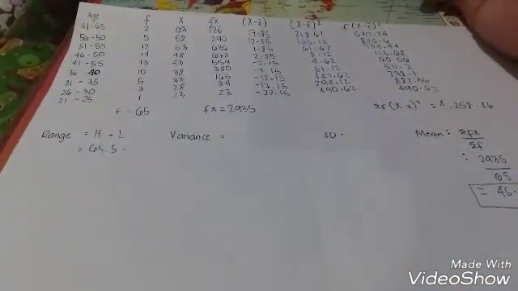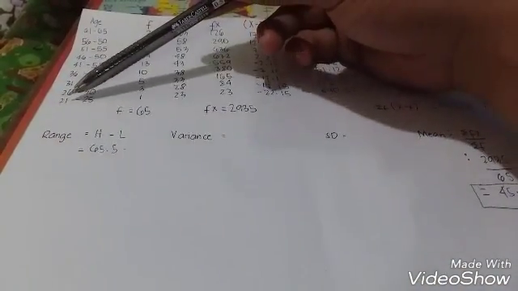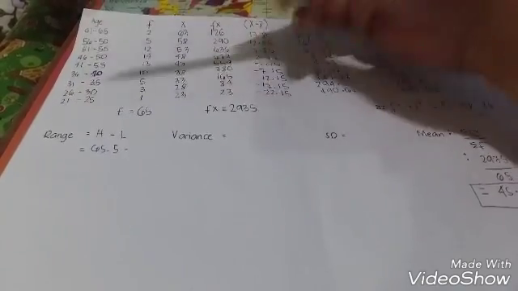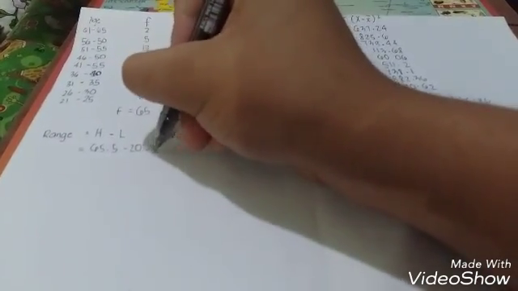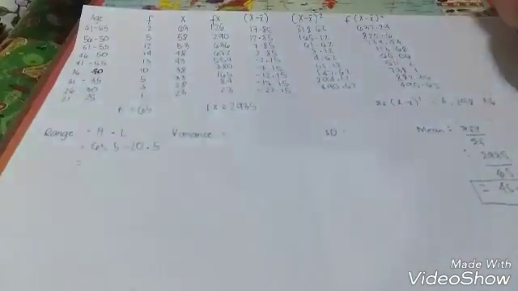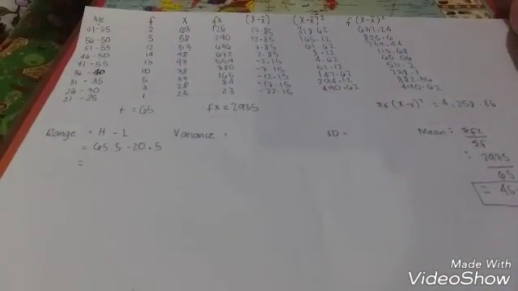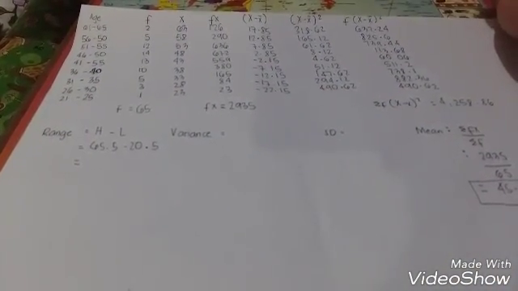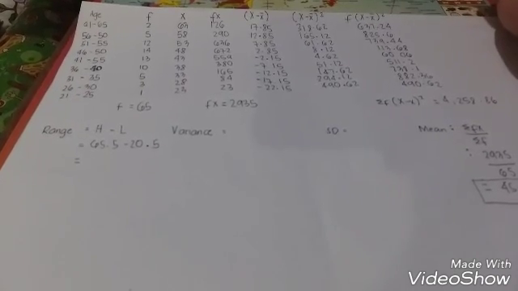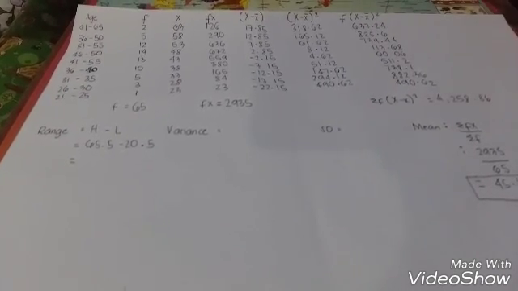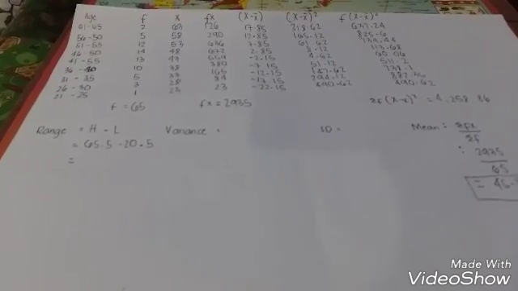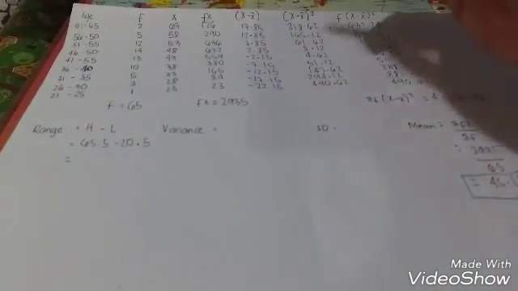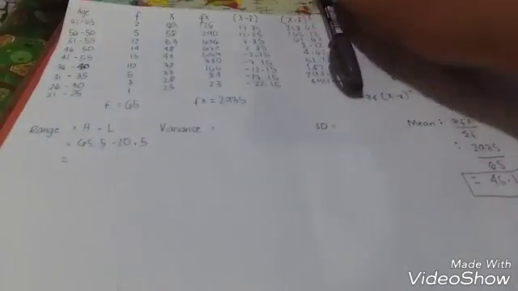Minus, you will subtract 0.5 from the lowest number, which is 21. 21 minus 0.5 is 20.5. So 65.5 minus 20.5 is equal to 45.